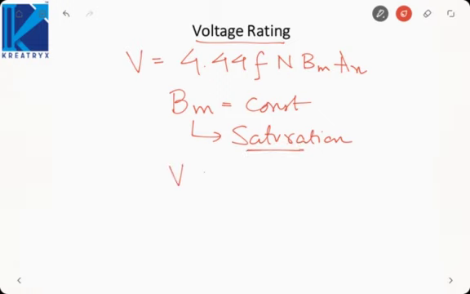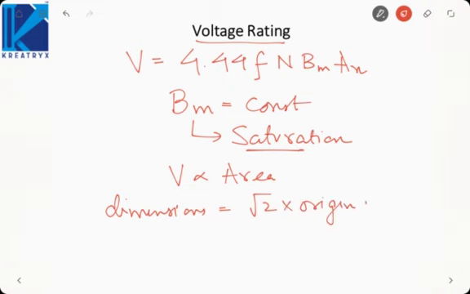That means the voltage is proportional to area. Now suppose I say that all dimensions of the transformer are made root 2 times, that is, root 2 into the original dimension. Then area is equal to 2 times the initial area.